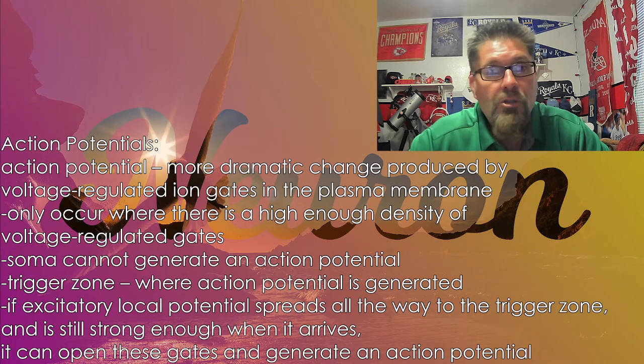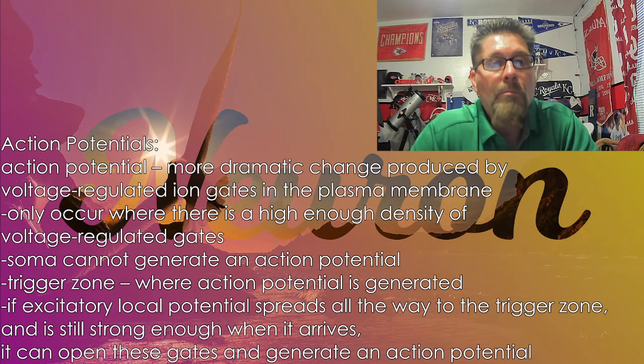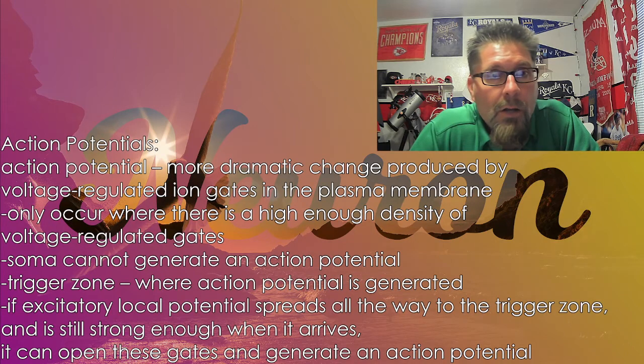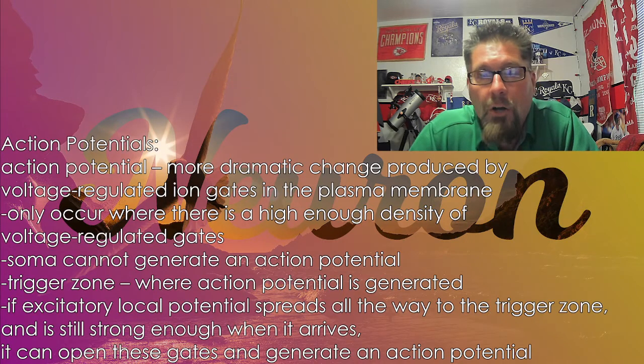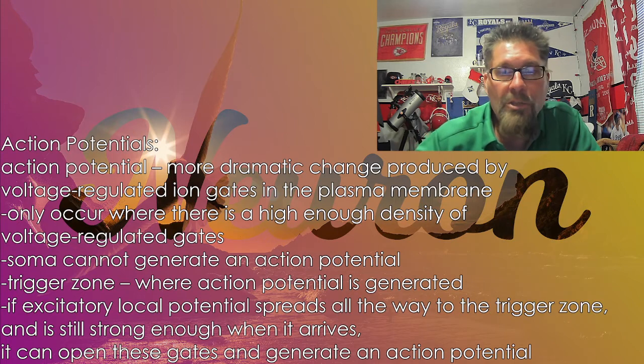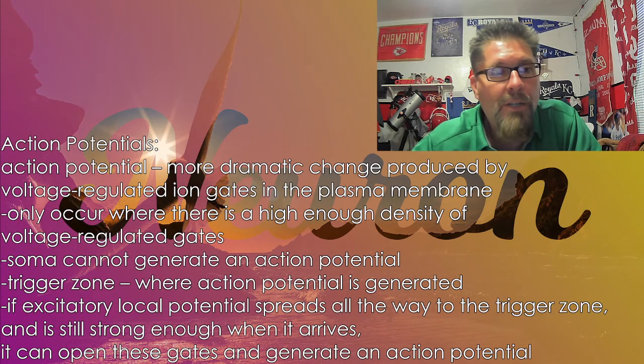Okay, these are stronger stimulated parts, and when we look at the characteristics, it's all or nothing, but anyway, they're much stronger, but they start at the trigger zone, which is again that section at the bottom of the soma.